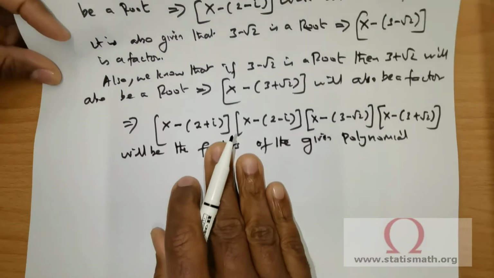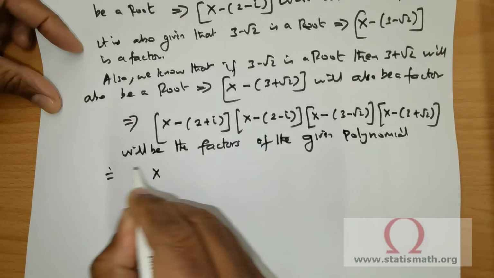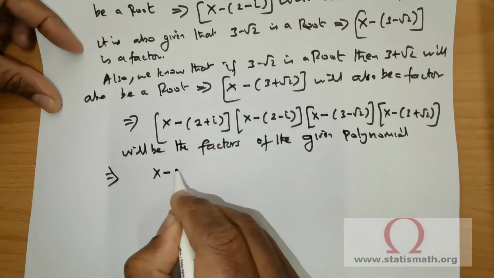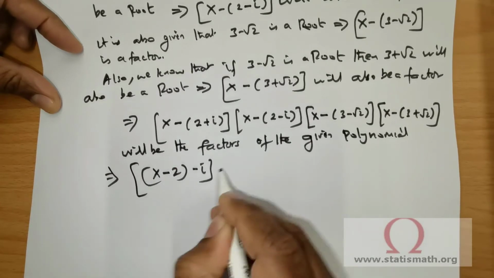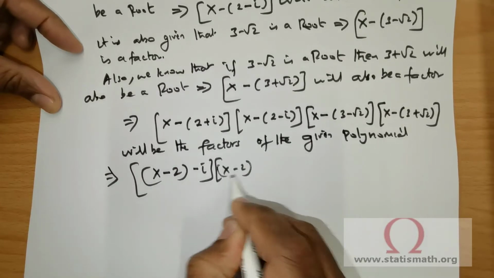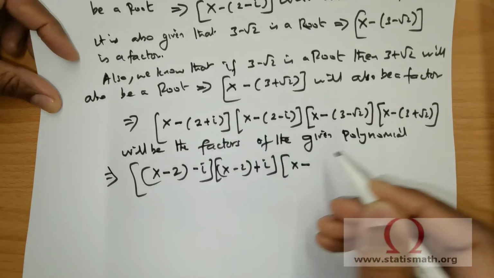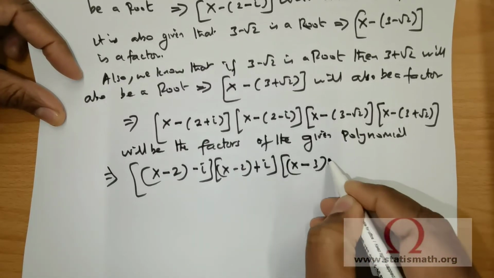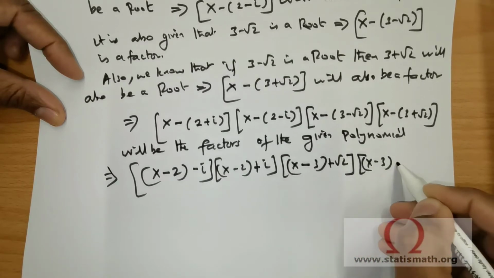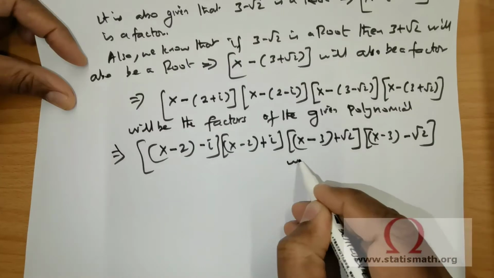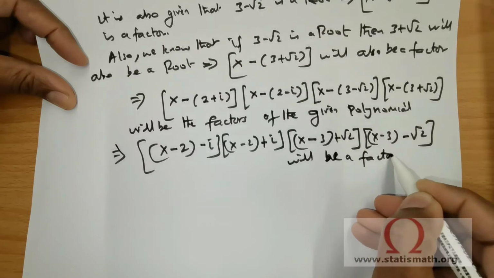So if I were to rewrite this, x − 2 − i times x − 2 + i, and x − 3 − √2 and x − 3 + √2 will be factors. I'm just rewriting it.